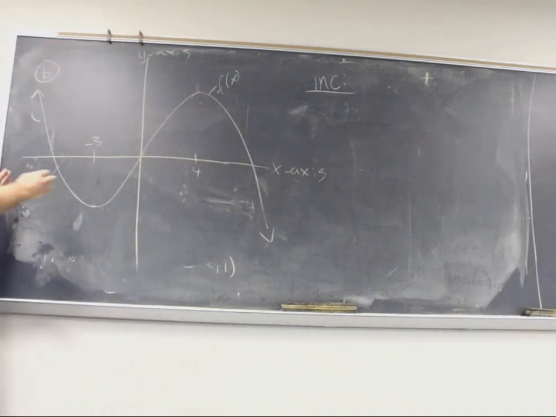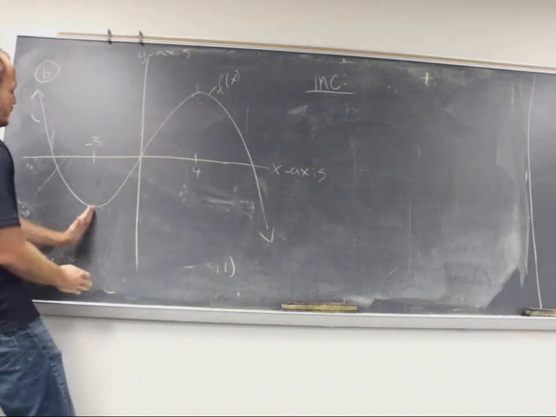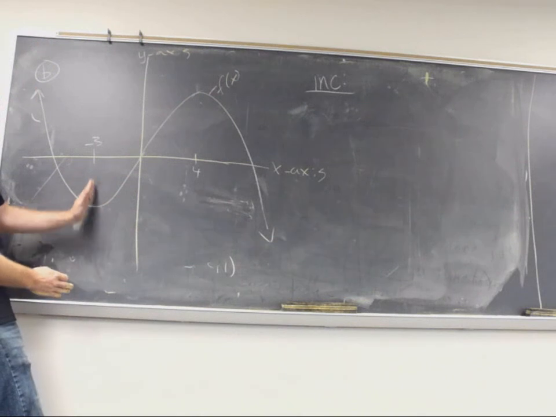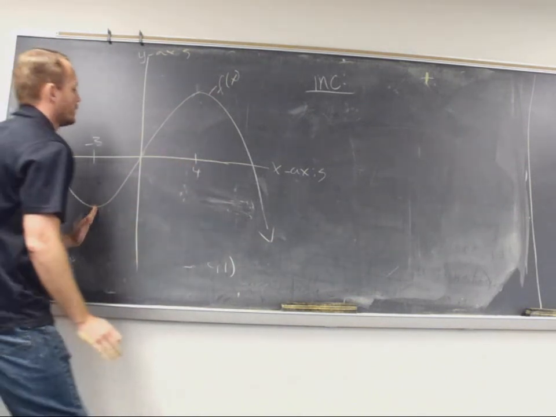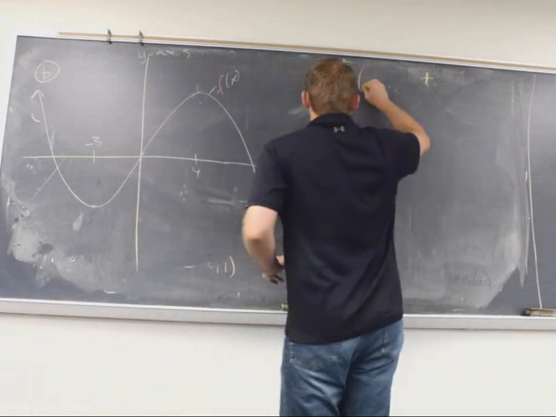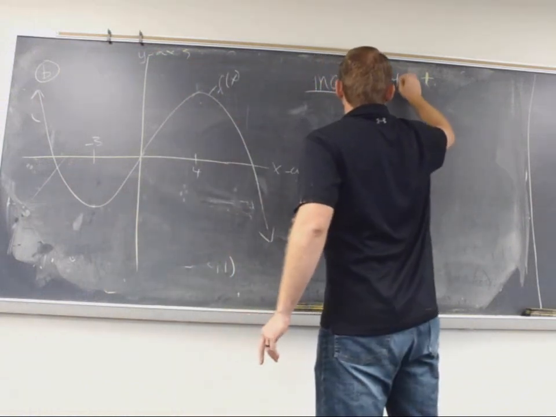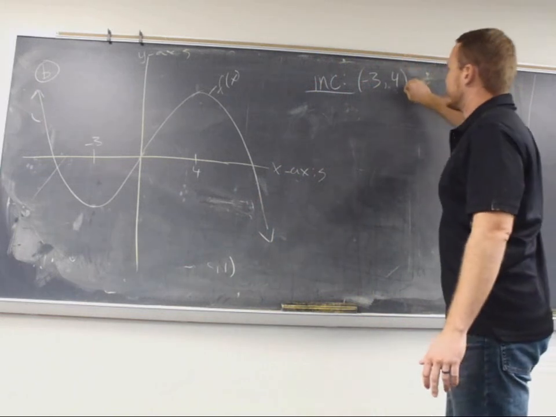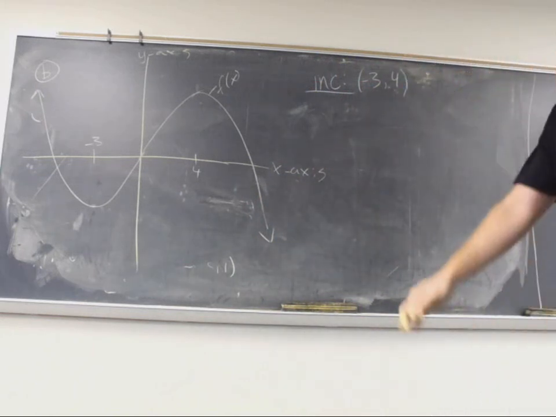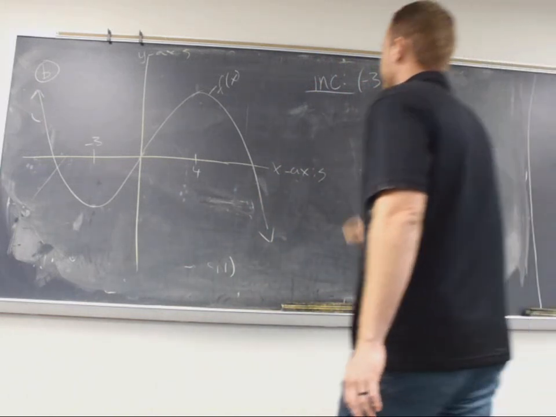And we're looking at x values, so it starts increasing here at -3 and it stops here at 4. All right, so -3 comma 4. And do I use a parenthesis or a bracket? I use a parenthesis. Increasing and decreasing is always parentheses.